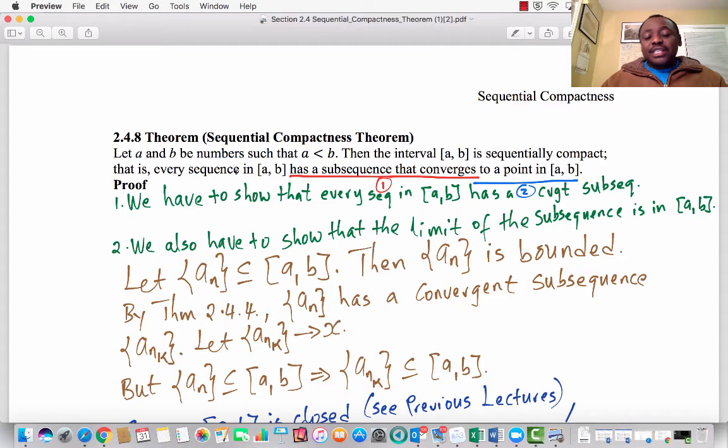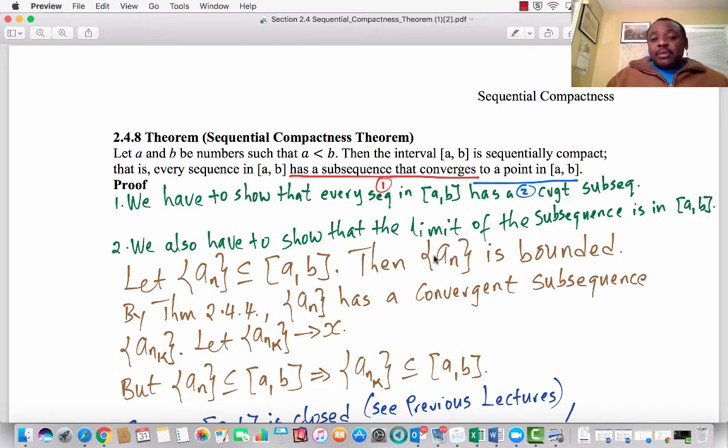That is, every sequence in the closed interval [a,b] has a subsequence that converges to a point in [a,b]. So there are two things we want to look at here. Number one, we have to show that every sequence in the closed interval [a,b] has a convergent subsequence, and we have to show that the limit of that subsequence is in [a,b]. Let's go ahead and do that.